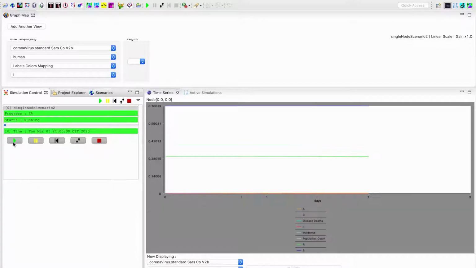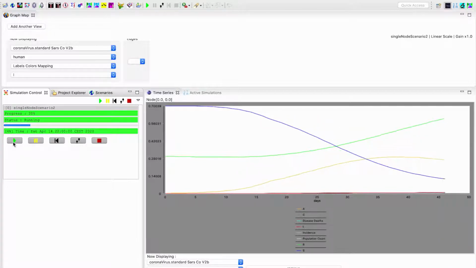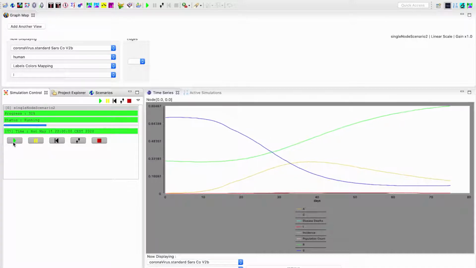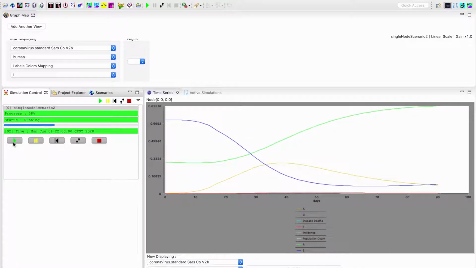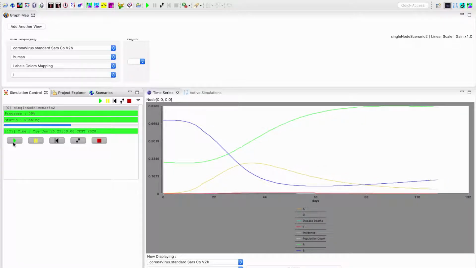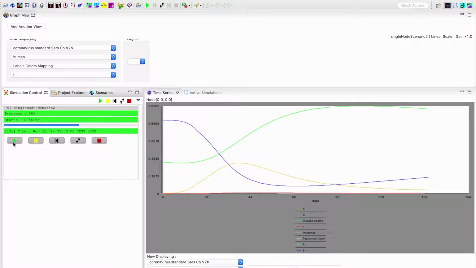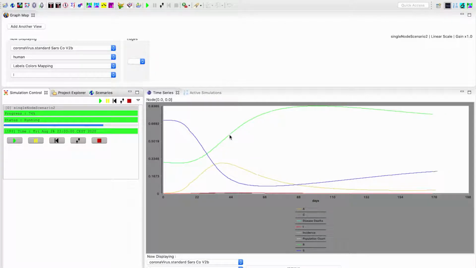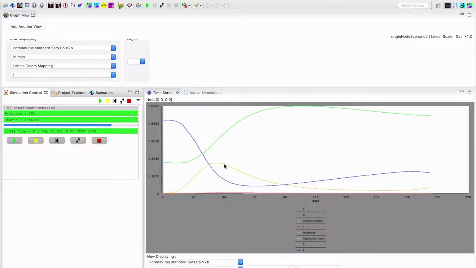So slowing down how we're stepping through the simulation, we can see as the simulation progresses, the transition between the compartments and numbers across time. The most significant compartments here being the susceptible S compartment in blue, the recovered population in green, and the asymptomatic population here in orange.